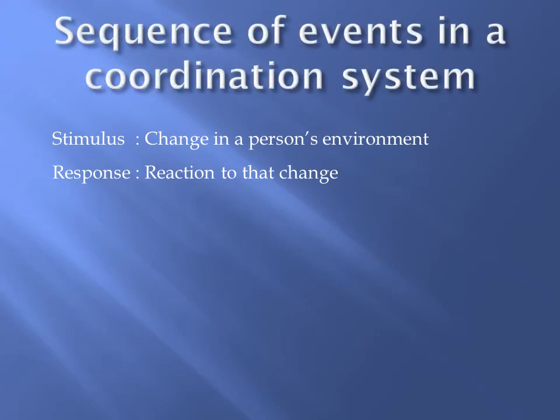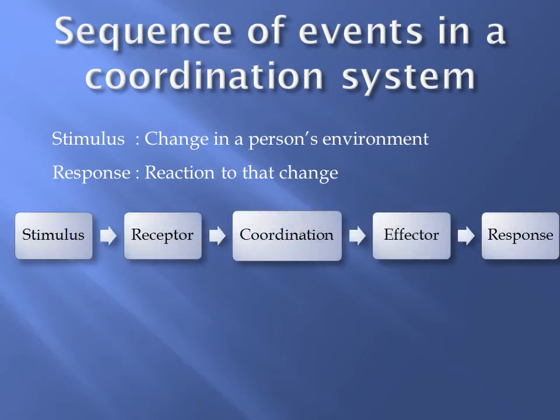First we will look at what a stimulus is. The stimulus is the change in a person's environment, and the response is the reaction to that change. Here you can see the sequence of events in a coordination system.